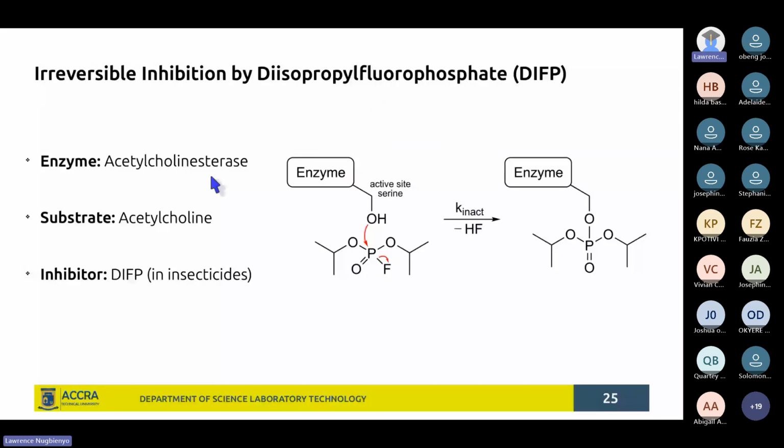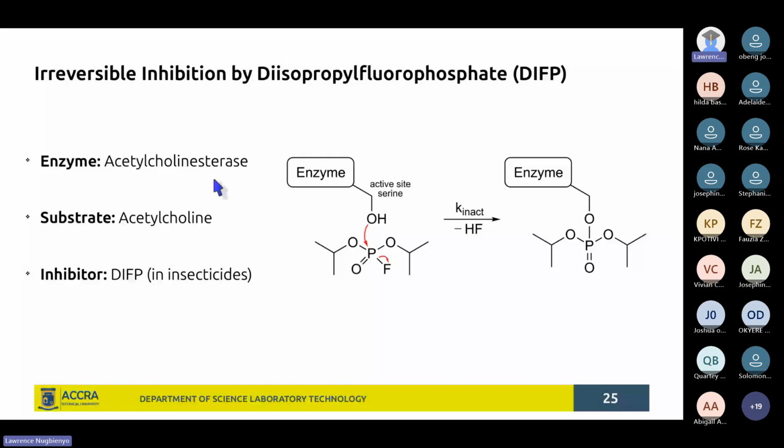Now, this is something which is applied in pesticides, like some insecticides. Again, if you take some insecticides and look at the active ingredients there, you see that those active ingredients are acting on the central nervous system, or let's just say the nervous system of the pest.